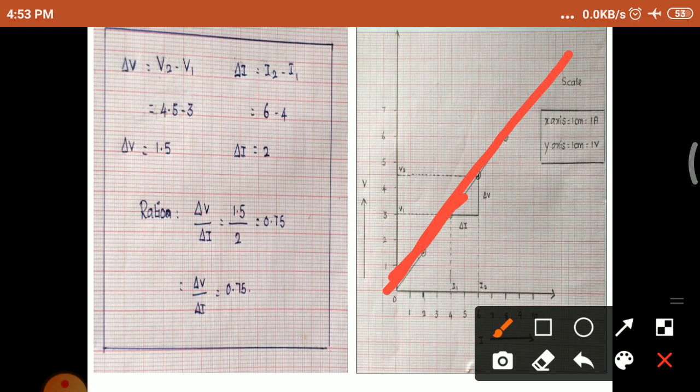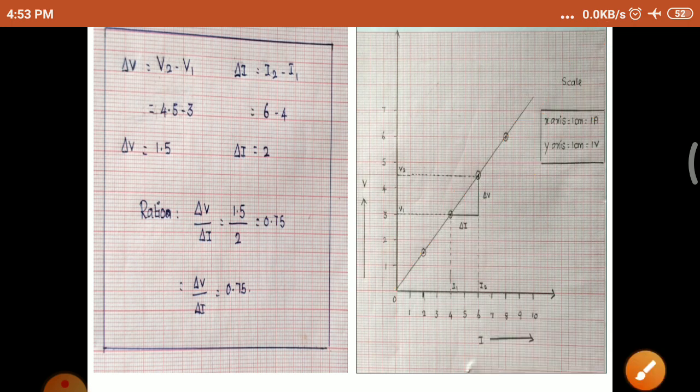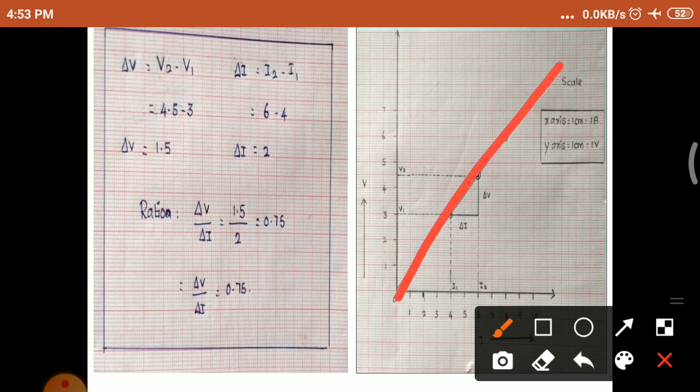You can take it anywhere on the straight line. Here I have taken the values. I drew a simple triangle. It must touch this line. So I drew perpendicular lines to the x-axis and y-axis.